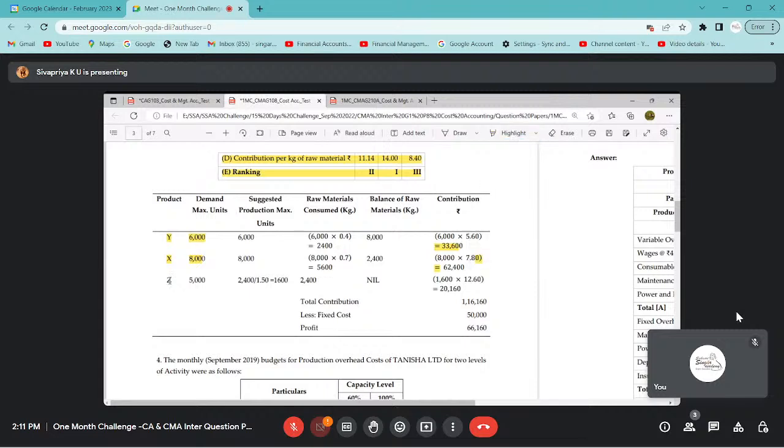The next is Z. Whatever balance is available, 2,400 is the balance, so in the 2,400 balance you will allocate to Z. So the total profit is 66,160.